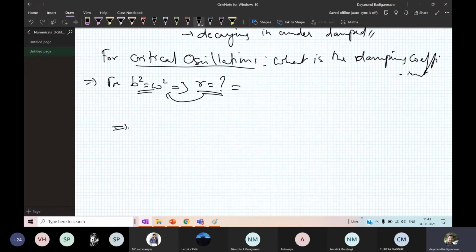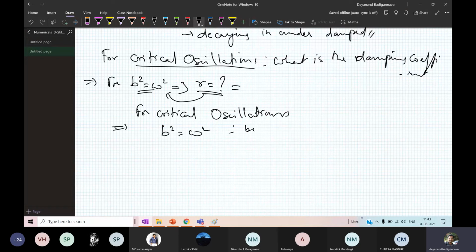So for critical oscillations, I would write the formula first. b square is equal to omega square. But b is equal to r divided by 2m. So you substitute b here, r divided by 2m whole square is equal to omega square.